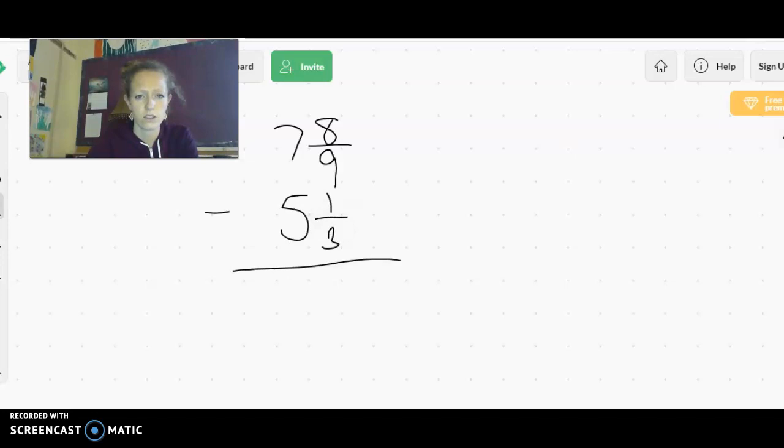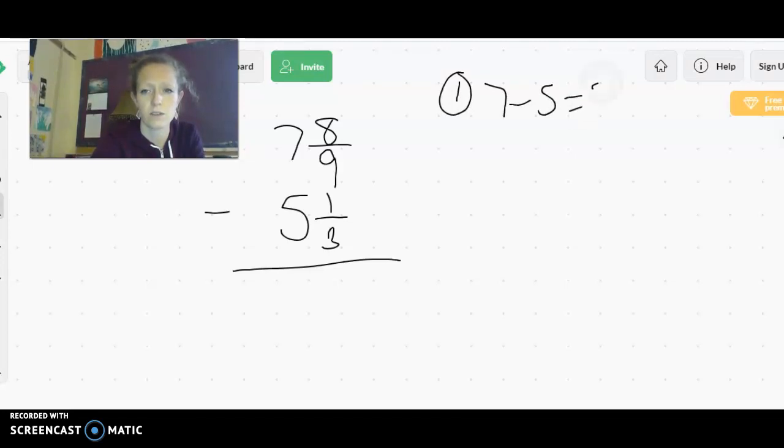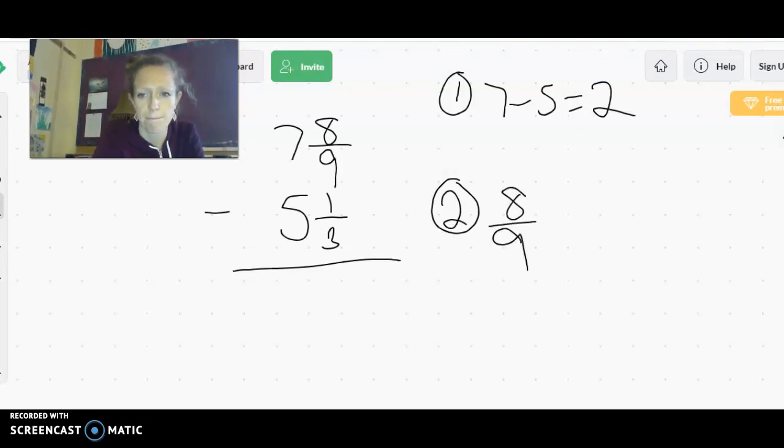All right, so my wholes are 7 minus 5, beautiful, and that equals 2. My fractions are 8/9 and 1/3. I'm going to write those out. What do I notice about my fractions? Yeah, those denominators are not the same. But I'm going to make them the same really easily.